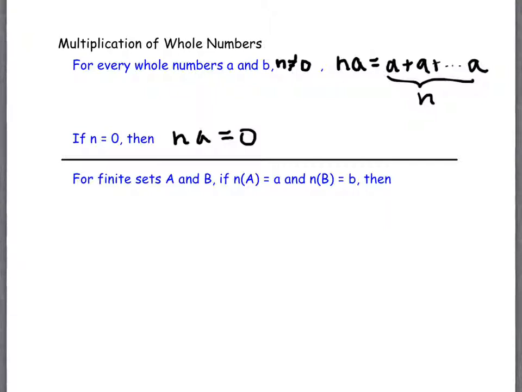So the B comes into play in the second part of this description. If you have n of A as the little number A, and n of B as the little number B, and you talk about taking A times B, this is the number of items in the Cartesian product that we encountered in Chapter 2.